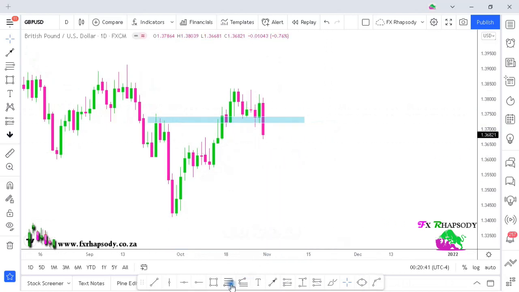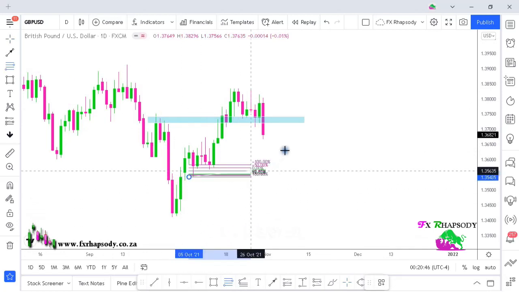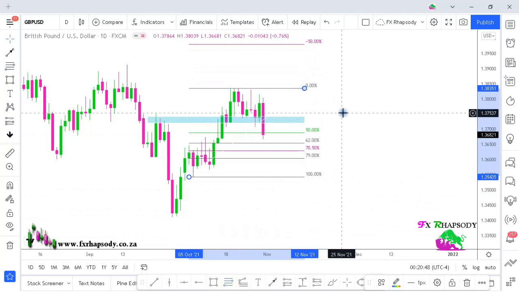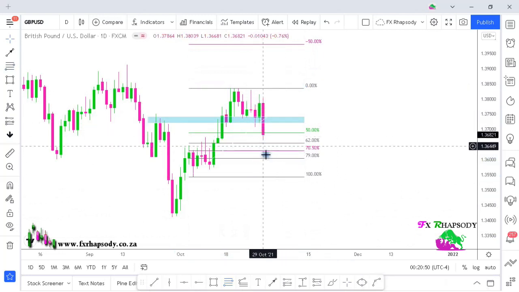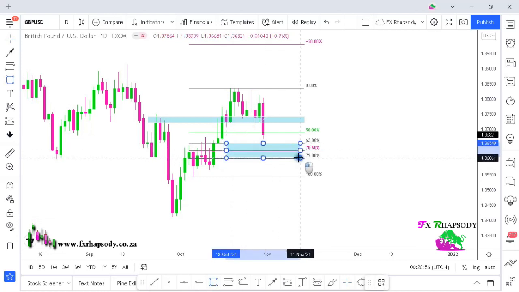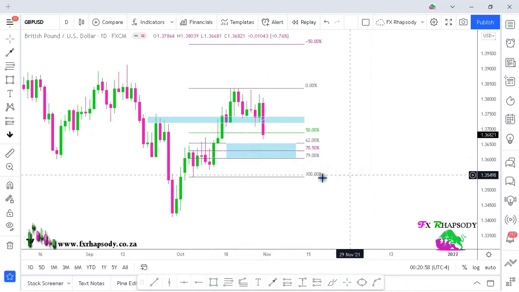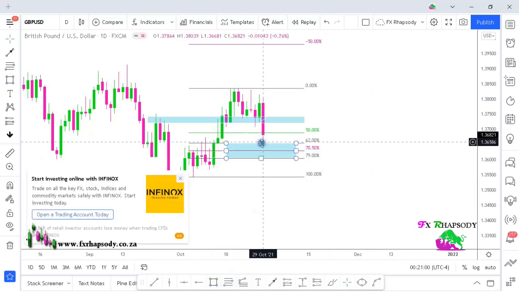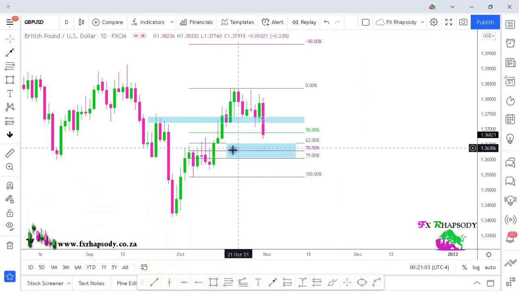We can also see, if we pull our Fibonacci from this swing low to that swing high, that price is retracing back. So for this coming week, I would love to see price retracing back to this zone there. And you can also see that it falls nicely in.